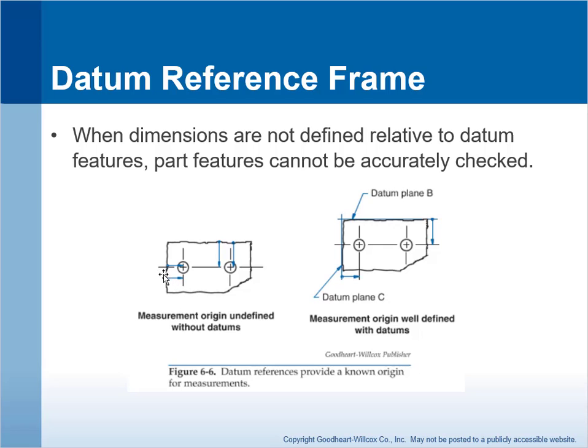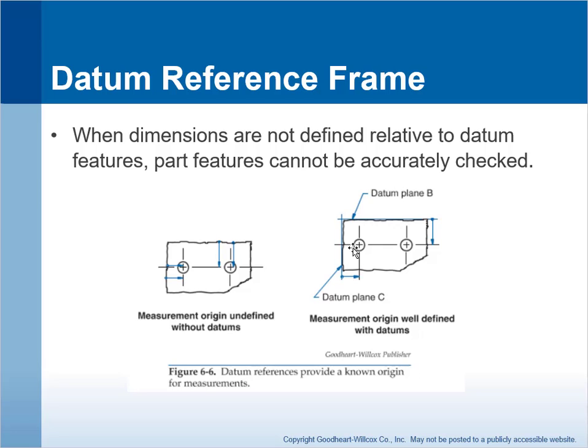You're going to get your dial calipers or your vernier calipers, and you're going to put it on the edge, and you're going to check to the edge of the hole. But you can't really see if there's a crook or a valley or some kind of imperfection that's going to ruin your checking of that hole. When you're using a datum to check it, we have this datum simulator over here that picks up the surfaces, the highs and the lows, and so you can accurately check the part.